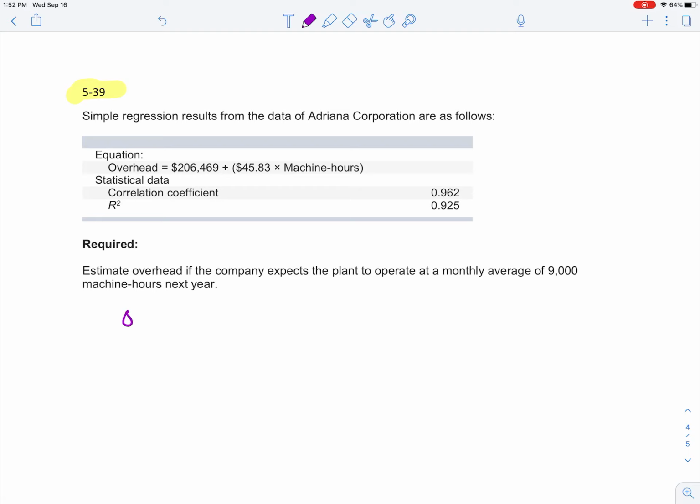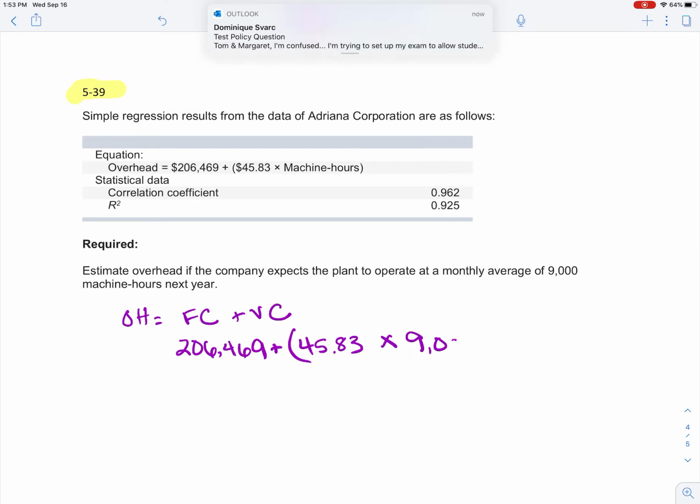Well, we know how to do that, right? Our overhead equals our fixed cost plus our variable cost. We're taking our fixed cost that they give us, and we're going to add in those variable costs, then at 9,000 hours.